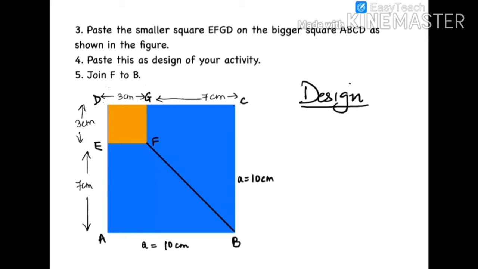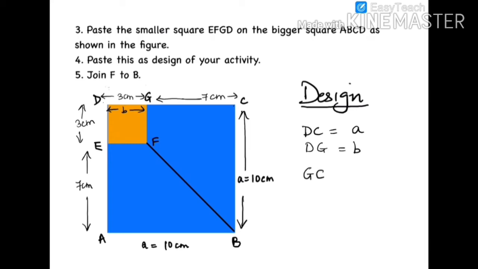Also, we have represented the side of the bigger square by A, and the side of the smaller square is B. So what will be GC in terms of A and B? DC is A and DG is B because they are sides of the squares that we have cut.